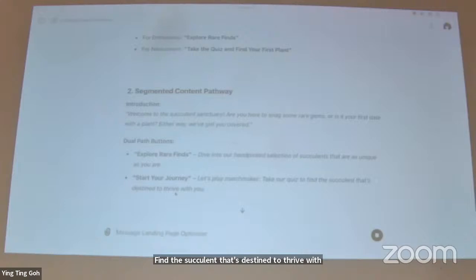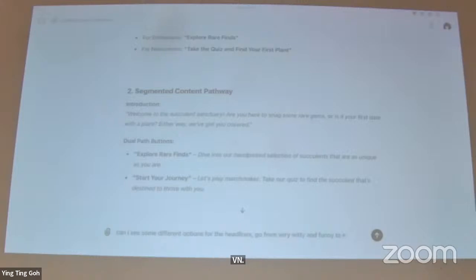But let's say that you want to play around with some of the things. What you're going to ask is, can I see some options for the headlines? For the headlines, go from very witty and funny to mildly amusing.